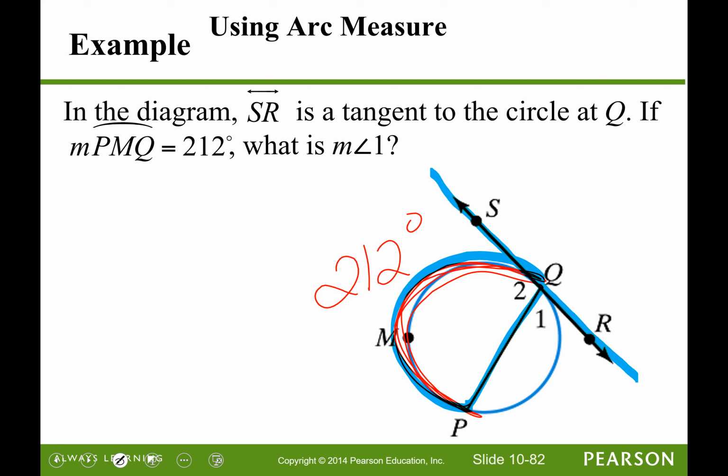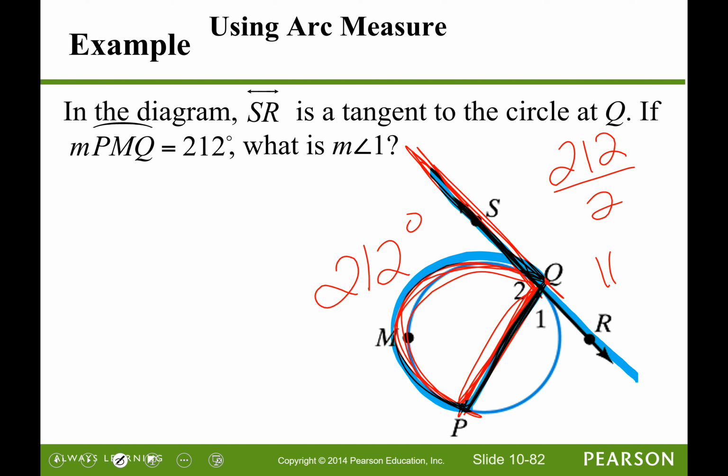We're being asked to find the measure of angle 1. Well, we know that this angle formed by a chord and this tangent is half the measure of its intercepted arc. So if we take 212 and divide it in half, we're left with 106. So angle 2 right there measures 106 degrees.